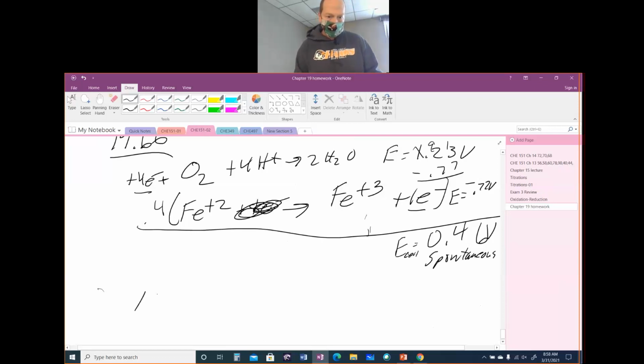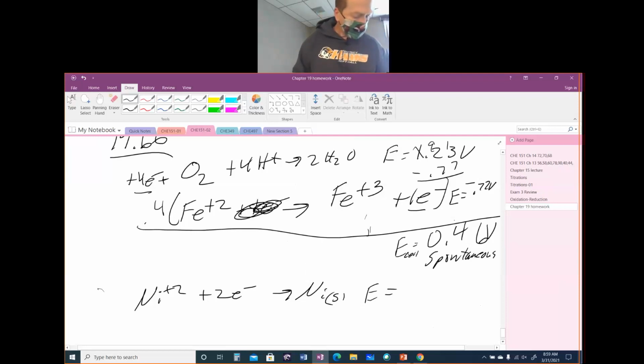All right, so we have to look up our nickel plus 2 being reduced to nickel solid. Again, you're going to find that number on table 19.1. All right, so that is a reduction potential. So that one we just go right off of the chart. When you look at the chart for your nickel, that is a minus 0.23.